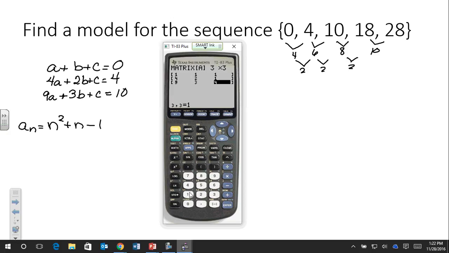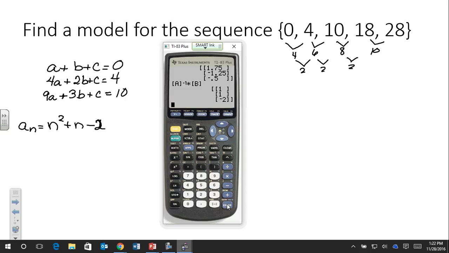My buttons are too close together apparently, or not calibrated properly. All right, so now quit. And then let's do the same thing that we just did before. Entry, and it should be negative 2. Okay. All right, questions on this one?